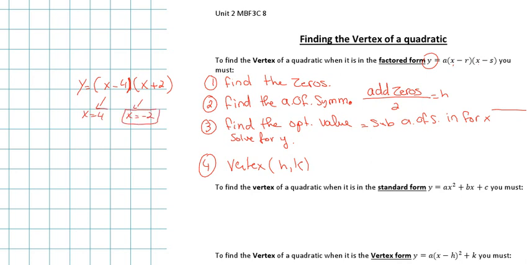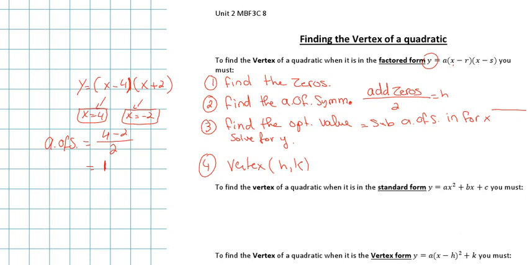So I'm done with step number 1. I found my zeros. Step number 2 says find the axis of symmetry by adding the two zeros and dividing by 2. So the axis of symmetry is add the two zeros, so 4 plus negative 2 over 2. So that's 2 over 2, which is 1.